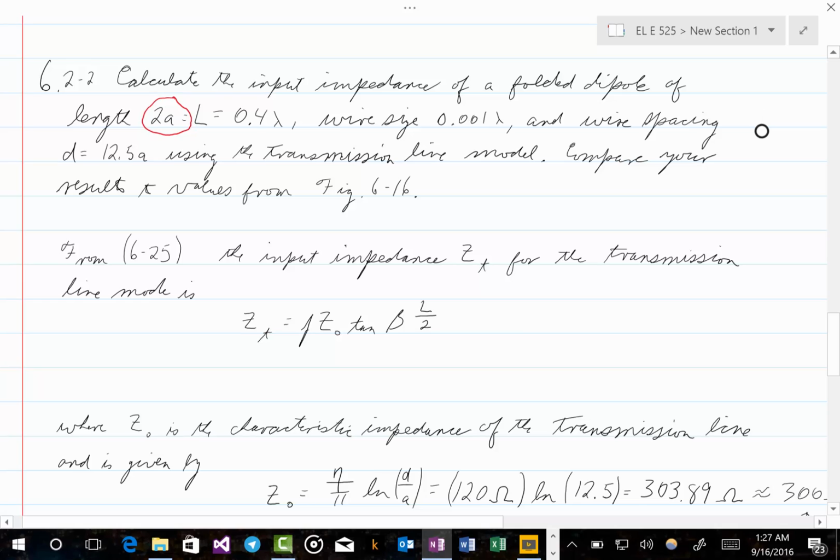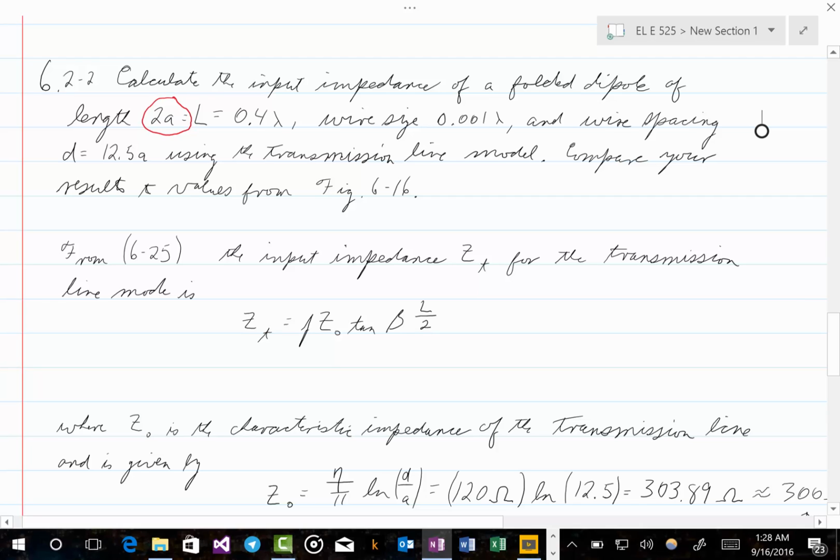And so, given all of those values, we're being asked to calculate the input impedance using the transmission line model, and then we will just make a brief comment. Once we've computed that value, we will compare with the results to values from figure 6-16.